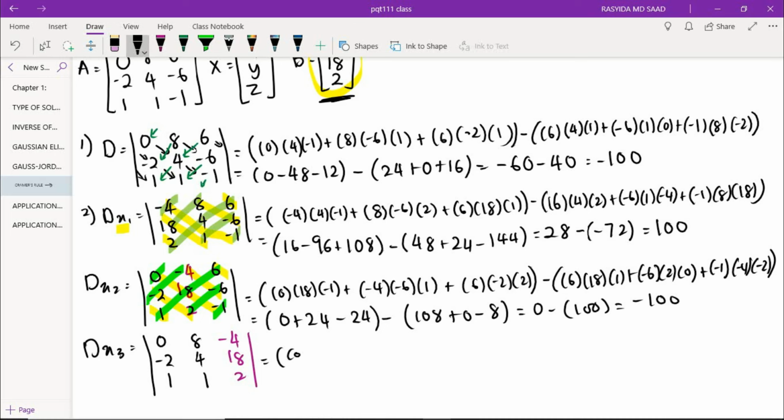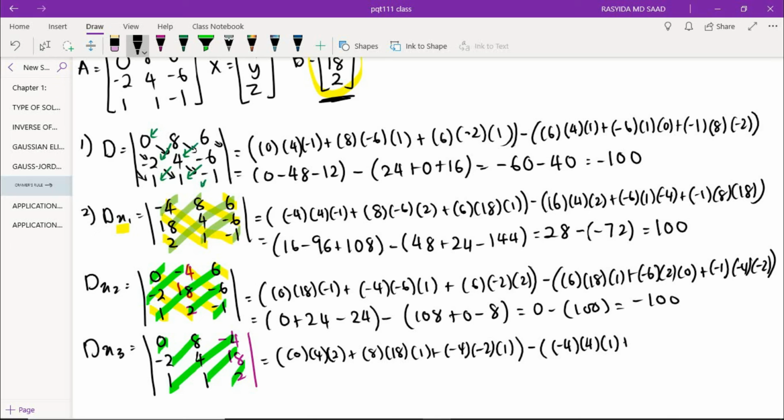Okay, 0, 4, 2 plus 8, 81 plus negative 4, negative 2 and 1, and then minus, remember, okay, now this side, negative 4, 4, 1 plus 18 times 1 times 0 plus 2, 8 and negative 2.